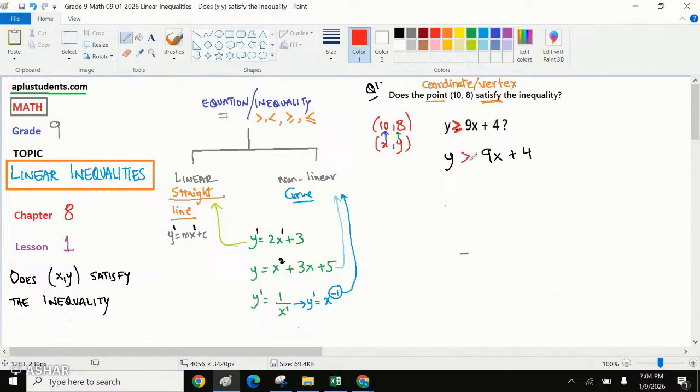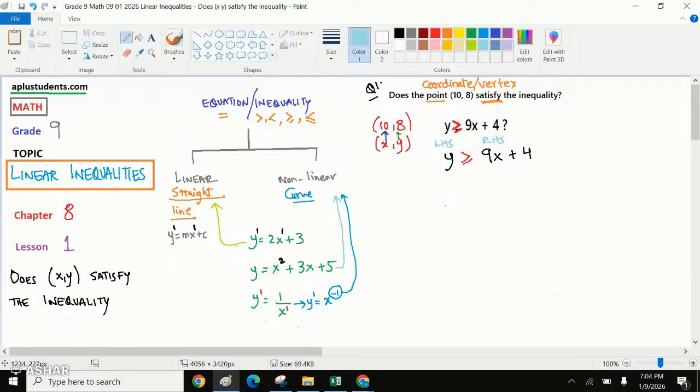It should be greater than or equal to. If the left side of the inequality comes out greater than the right side, this is always the left hand side, and this is always the right hand side, right?